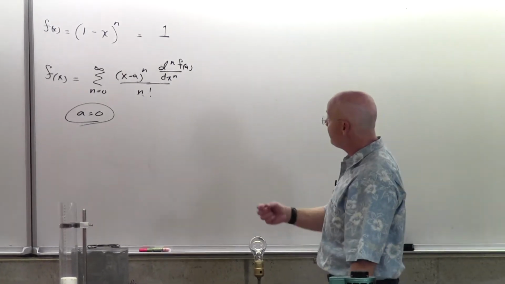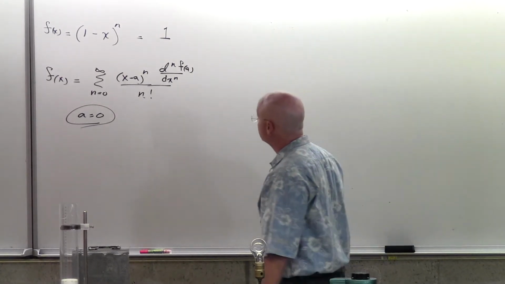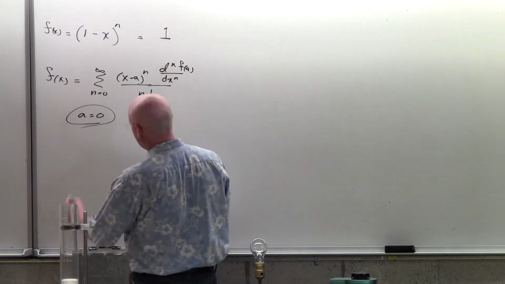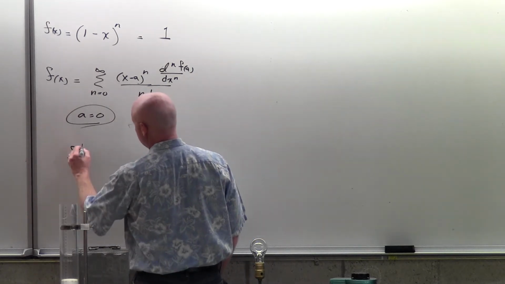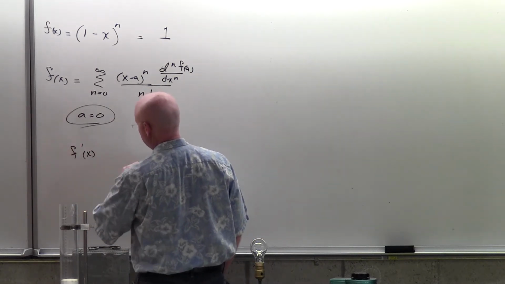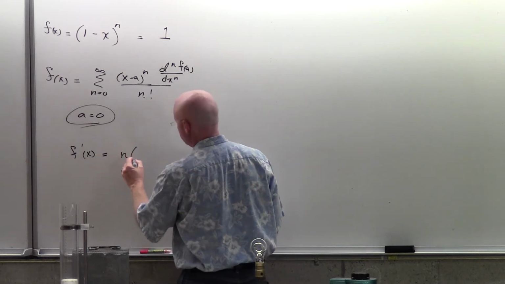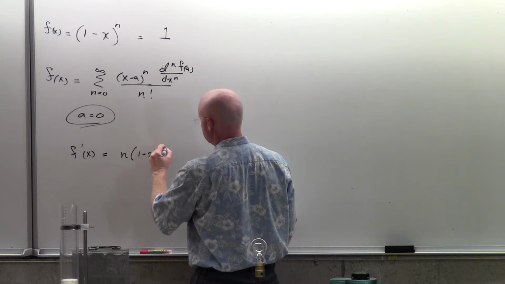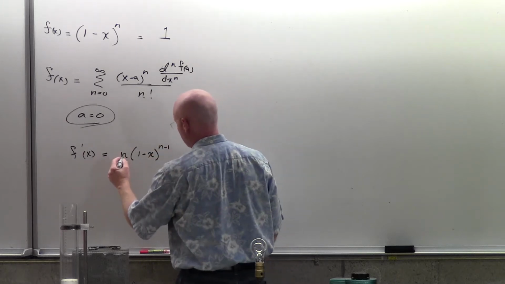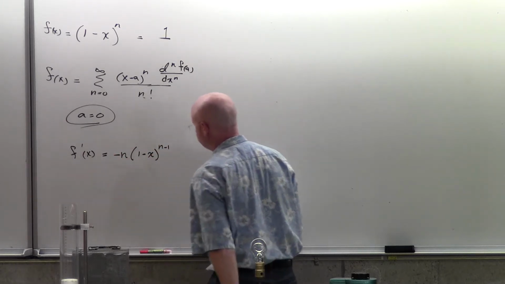If I take the first derivative of this, what do I get? N times 1 minus x to the n minus 1, with a chain rule, right?